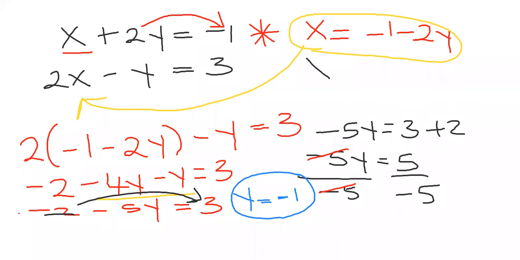So we are going to rewrite this equation: x is equal to negative 1 minus 2y. We now have the value of y. The value of y is negative 1. So we now substitute negative 1 there. Then simplify your expression. Simplifying, we now get x is equal to negative 1 plus 2.